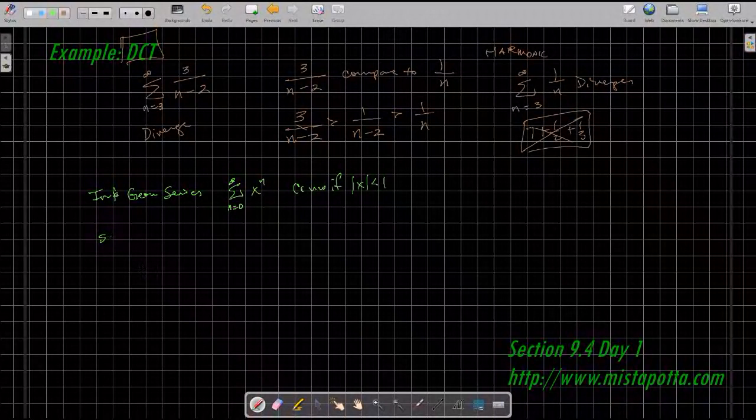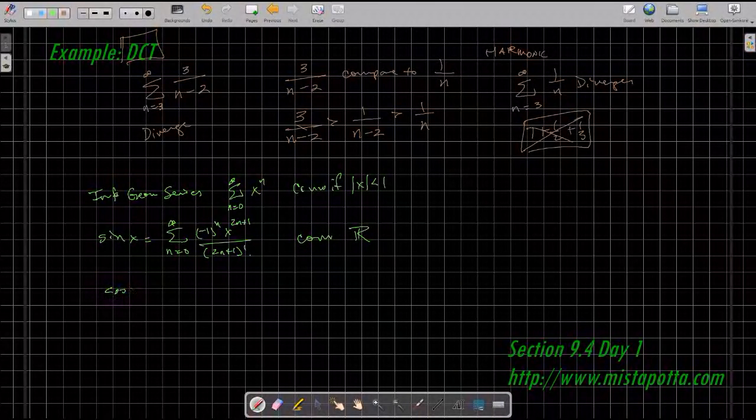We talked about sine x, which is equal to the sum from n equals 0 to infinity of negative 1 to the n x to the 2n plus 1 power over 2n plus 1 factorial. And this converges for all reals.